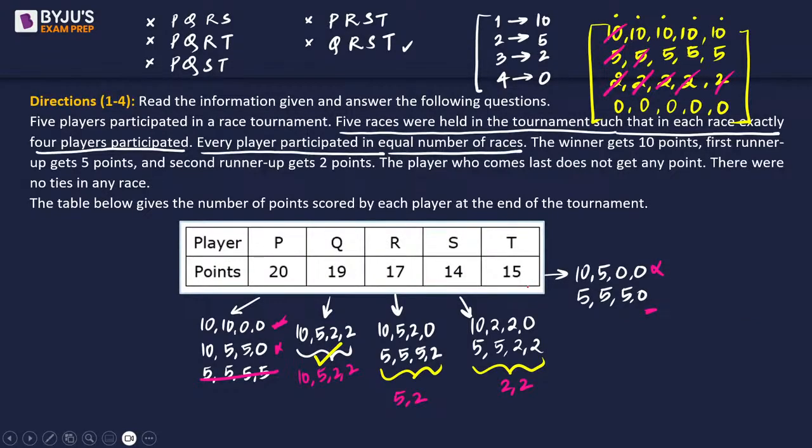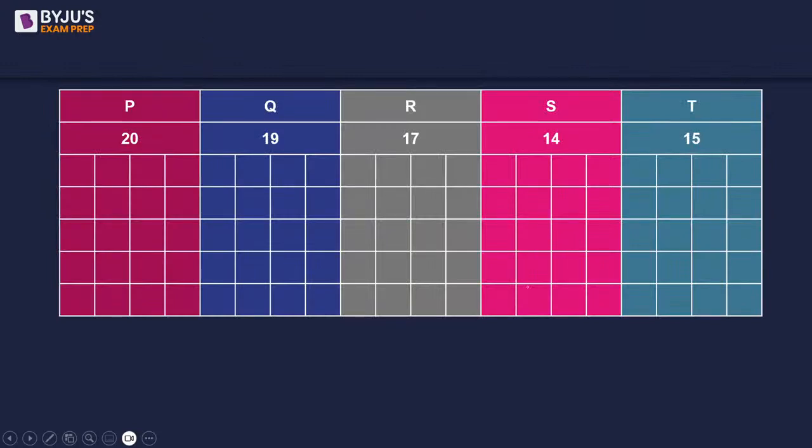So स्टार्ट करते हैं. Q का फिक्स है, राइट? Q is fixed as 10 5 2 and 2. ठीक है? एंड क्विकली लेट्स राइट डाउन 10, 10, 10, 10, 10, 5 बार आना चाहिए, तो मैं इसको ऐसे लिख लेता हूं. 1 2 3 4 5 1 2 3 4 5.